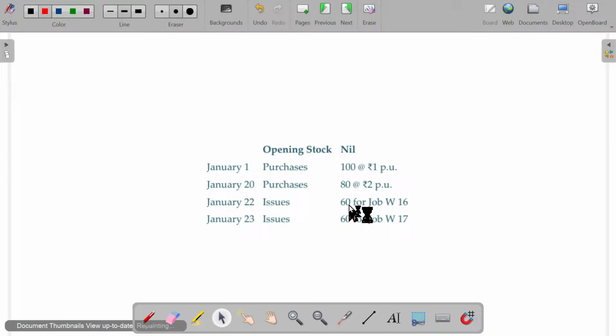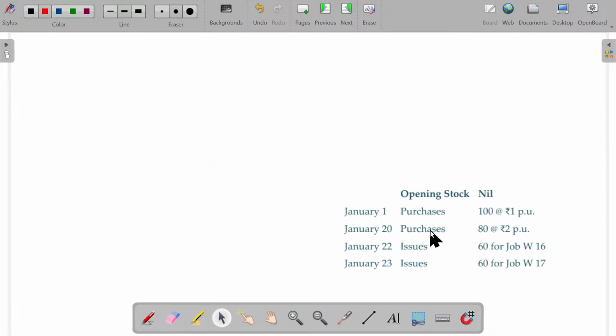Okay. You are going to prepare store's ledger. So you know that in store's ledger, what do you do?